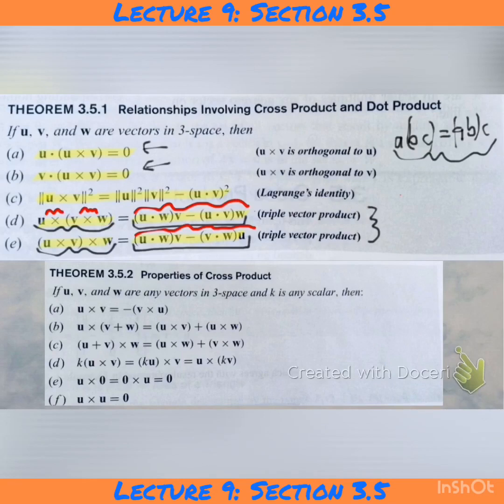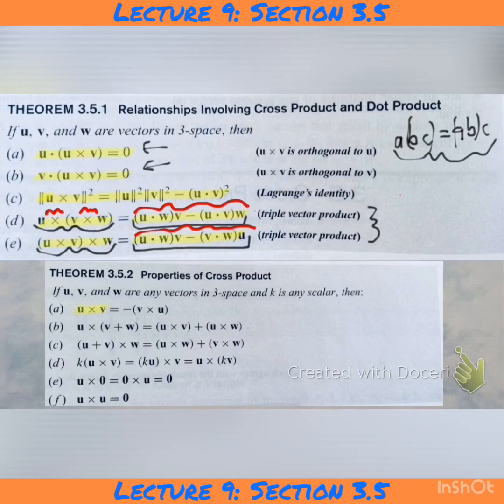So associativity with regards to cross products doesn't generally hold when it comes to vectors.